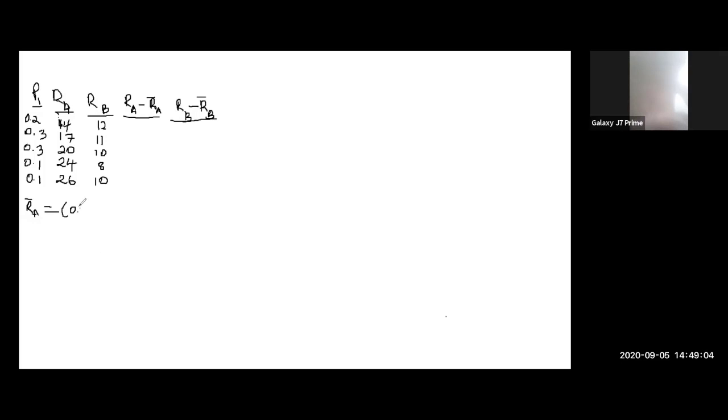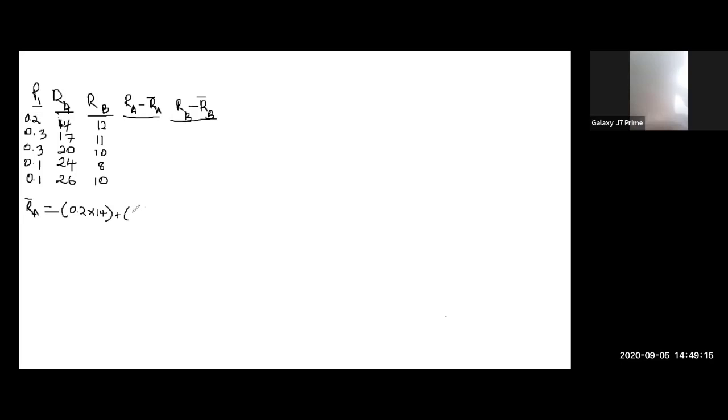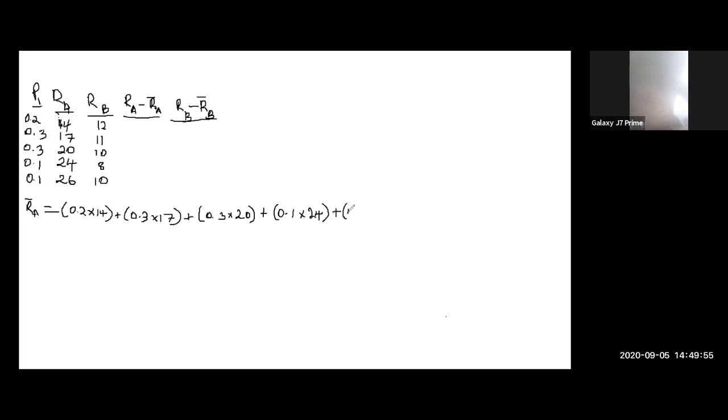Probability times project A return plus... 0.3 times 20 plus 0.3... 0.1 times 24 plus 0.1 times 26.